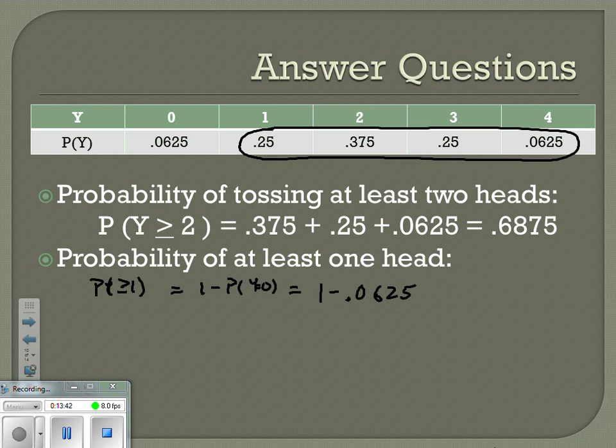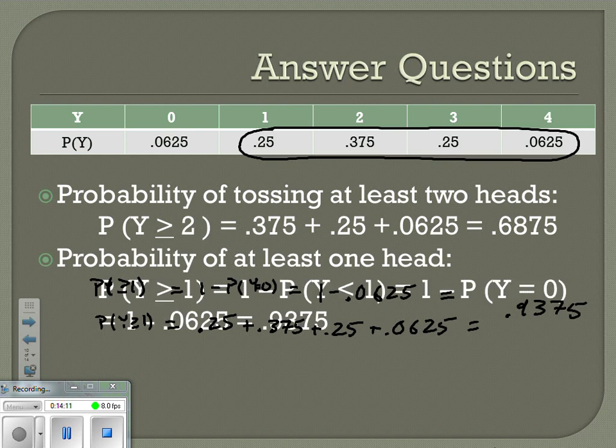So you could use that, or again, the probability that y is greater than or equal to 1, we could also just look at the chart and add all those up. 0.375 plus 0.25 plus 0.0625. Either way, both of those are equal to 0.9375. It's very likely that in 4 flips of a coin, we're going to get at least 1 head.